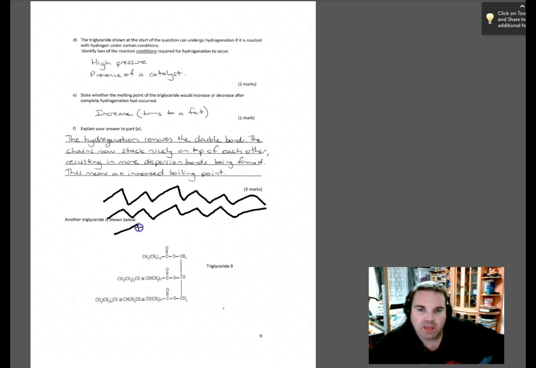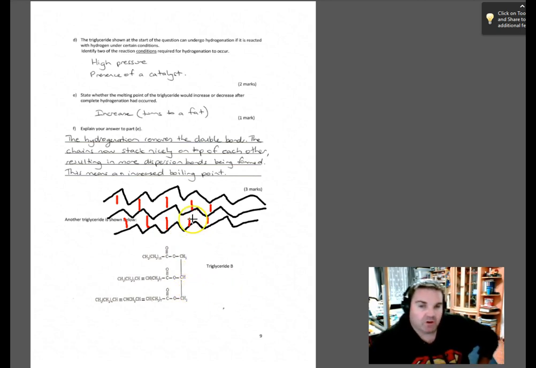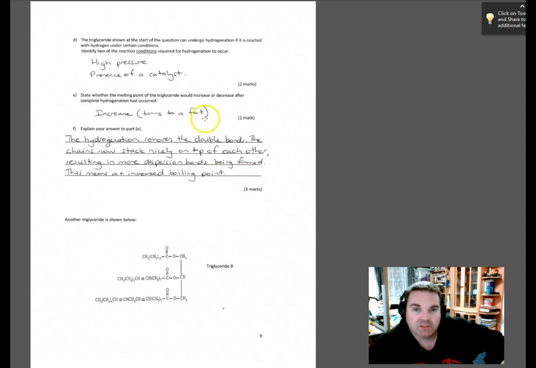What you're going to end up with is lots and lots of dispersion bonds occurring between the chains. Because you've got a higher amount now than you had previously with the kinks in the chain, you're going to have a higher melting point. So an increased number of secondary bonds means an increased melting point, which means it's now going to be a solid at room temperature.